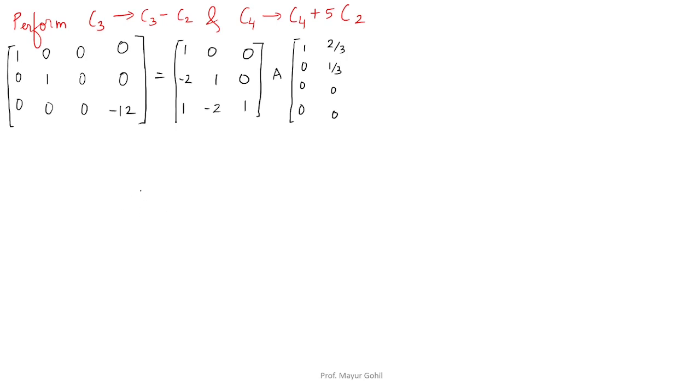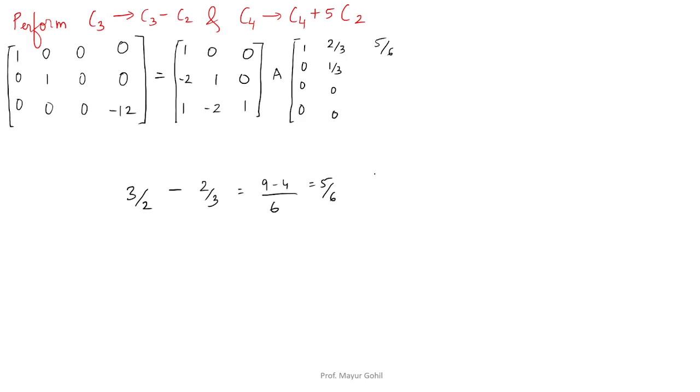So the element was 3 by 2 minus, we have to do C2. So C2 is 2 by 3. So that is going to be 6. 9 minus 4, so that is 5 by 6.